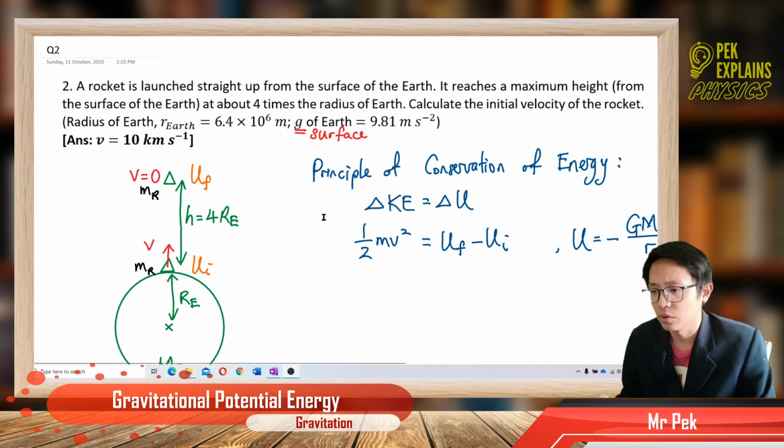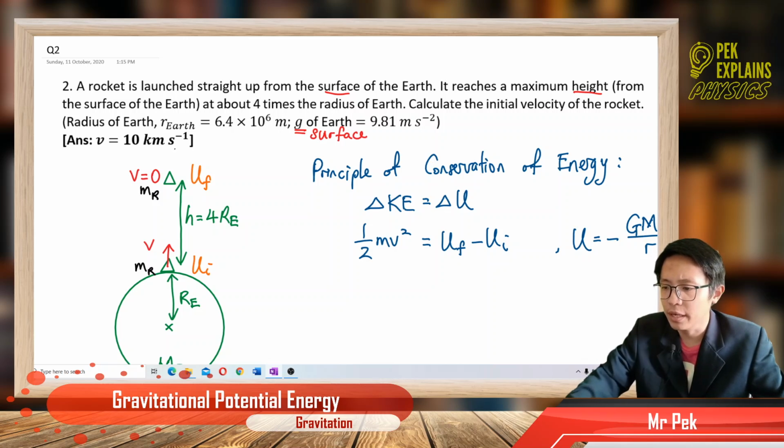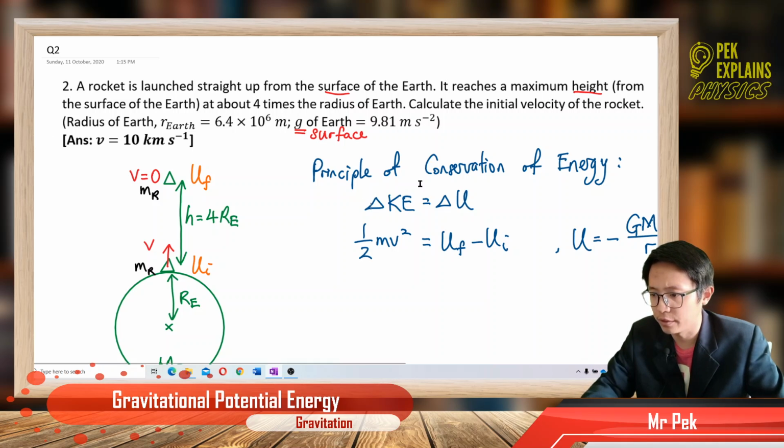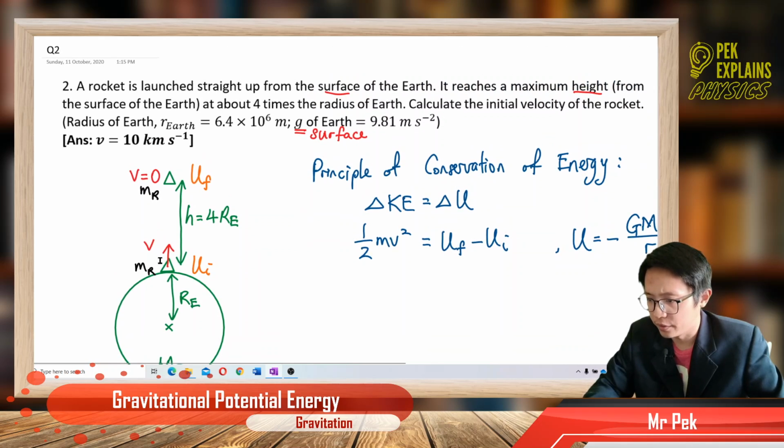Okay, so you can see the rocket comes from the surface and then goes to a maximum height, which is 4 times the radius of Earth. So it has two locations. I have drawn here the rocket initially at the surface.